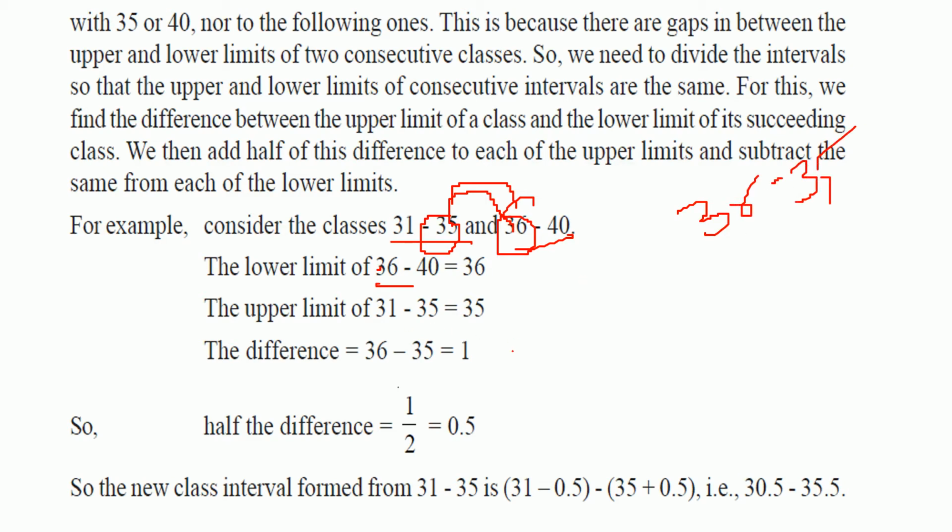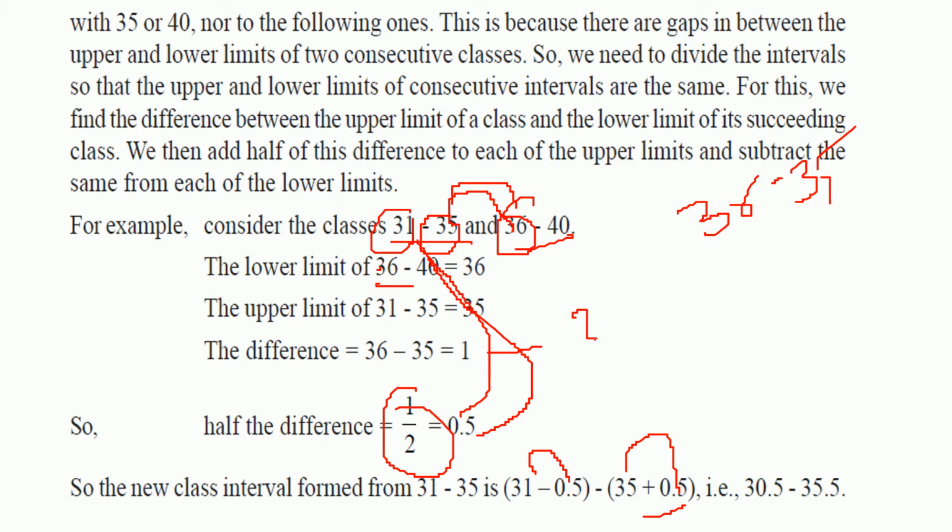The difference is 1. Divide the difference by half, 0.5. Now add 0.5 to 35, and subtract 0.5 from 31, and now you can change the class interval.